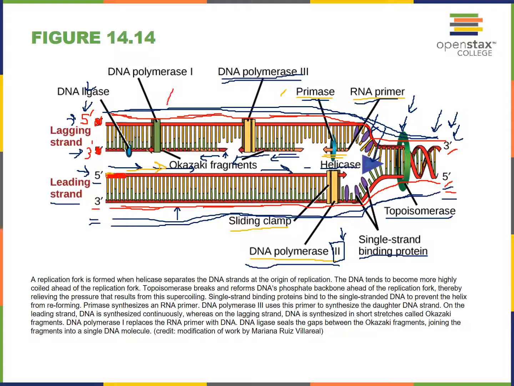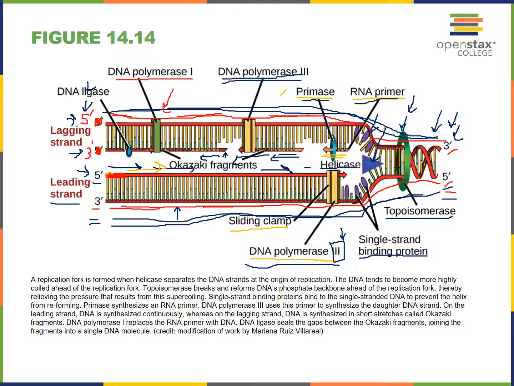But being shown over here on the lagging strand is DNA polymerase 1. DNA polymerase 1 will take out the RNA primer. It'll take out the RNA nucleotides and replace them with DNA nucleotides. And once again, polymerase 1 will read the template strand.